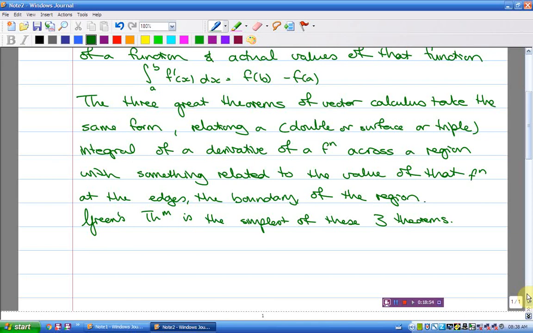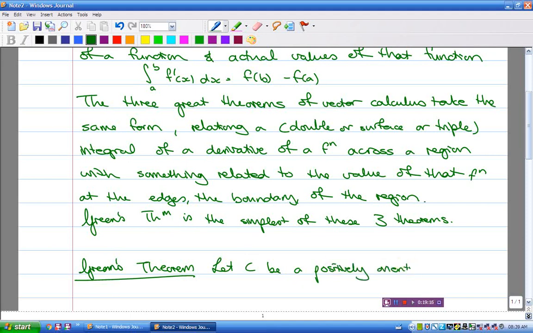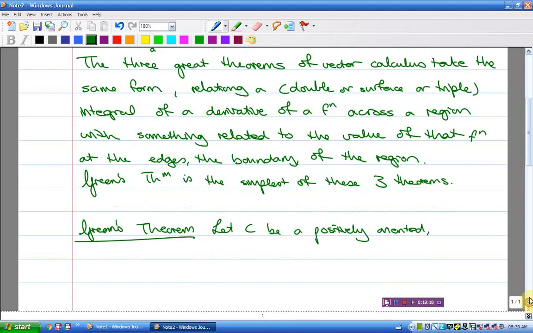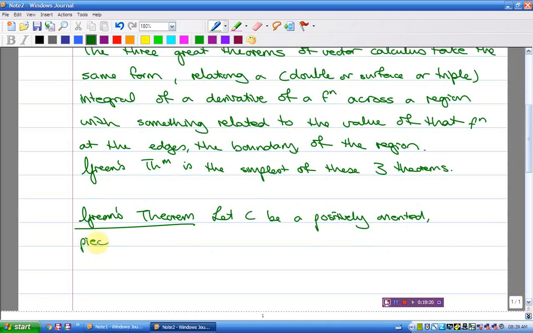Now what I'm about to write is in that box on page 65, so you can copy it down if you want, but it is word for word exactly what's there. Green's theorem in words is, let C be a positively oriented, we know what that is, piecewise smooth, meaning it can have corners, but it needs to be smooth in between those corners.